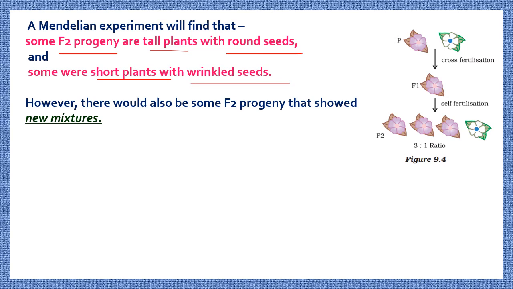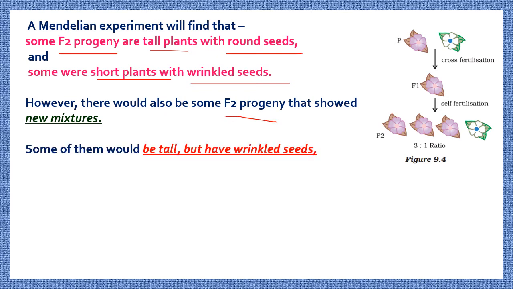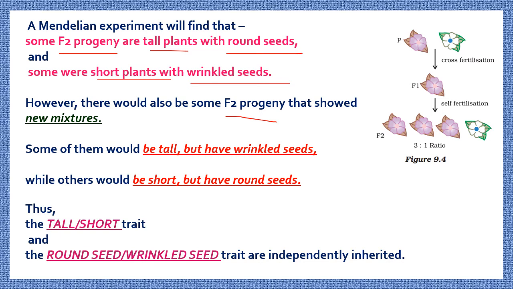However, there would also be some F2 progeny that showed totally new mixtures. Some would be tall but have wrinkled seeds, and others would be short but have round seeds. Thus, tall and short traits and round seed and wrinkled seed traits are independently inherited from one generation to the next. Fine.